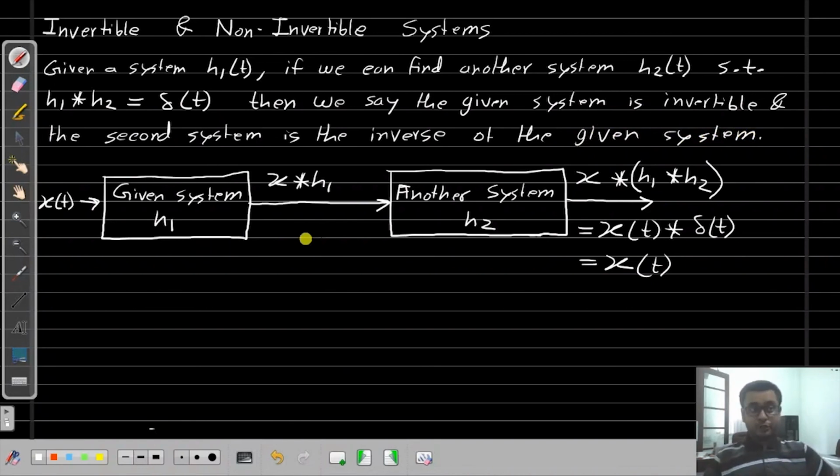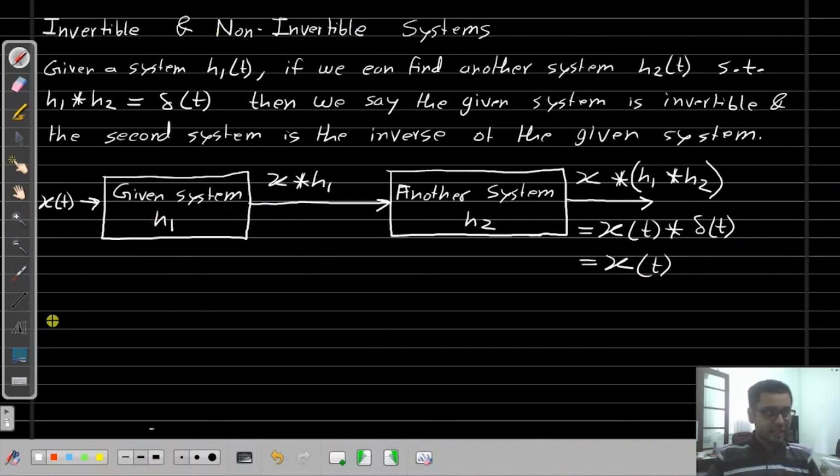And if you cannot find such a system, or if nobody can find such a system in theory, then we will say this system is non-invertible.